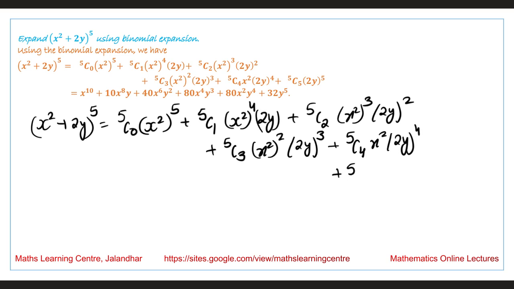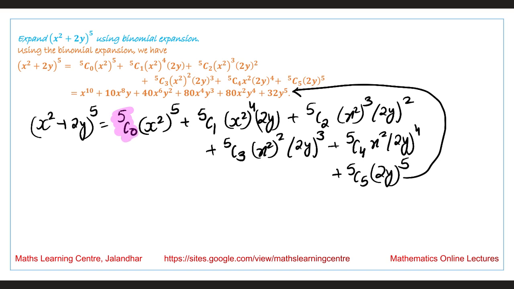And last we have 5c5 (2y)^5. When we calculate the values of all these terms, we obtain the coefficients: 5c0 is 1, 5c1 is 5, similarly 5c4 will be 5.